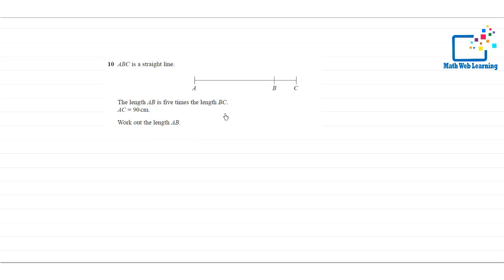Question 10 is, for me, a question on ratio, because AB is 5 times BC. So you're going to say 5 to 1. That's AB, that is BC. Altogether, that's 6 partitions or 6 shares. So we need to divide 90 by 6.